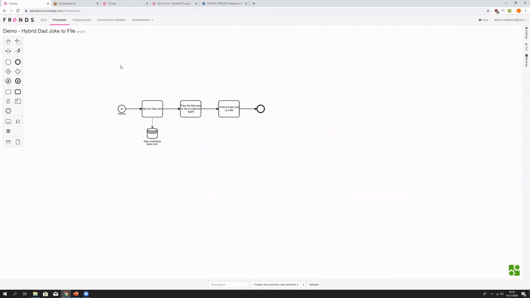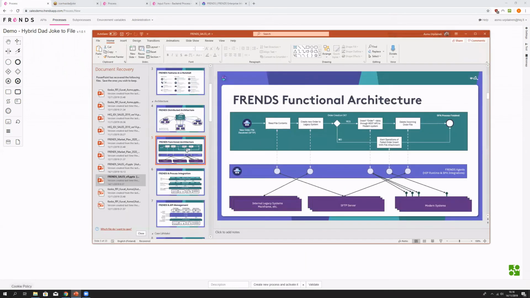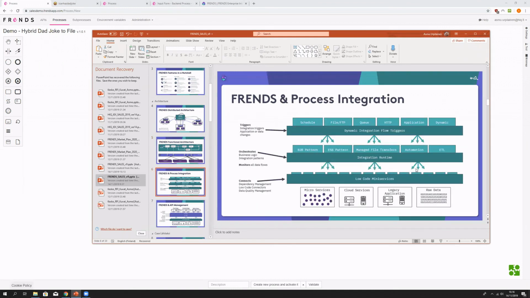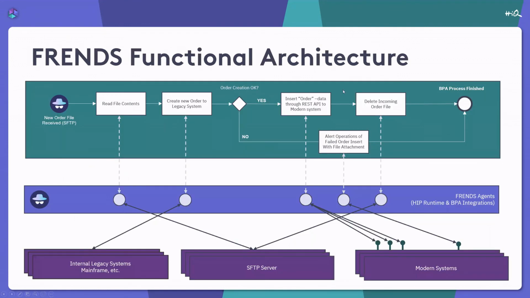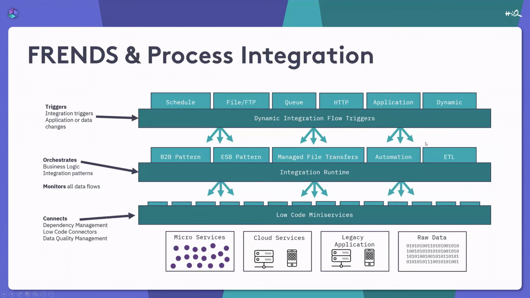So the first thing to do here is that you probably also remember that we utilize what we are calling this sort of a mini service, a functional architecture here in Frends. And what that means is that in addition to actually modeling the different steps of the integration flow, we also want to package the different data sources and functionalities, integration endpoints even, in what we're calling these low-code mini services.